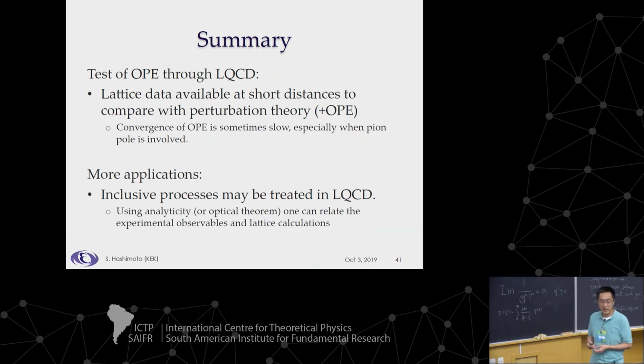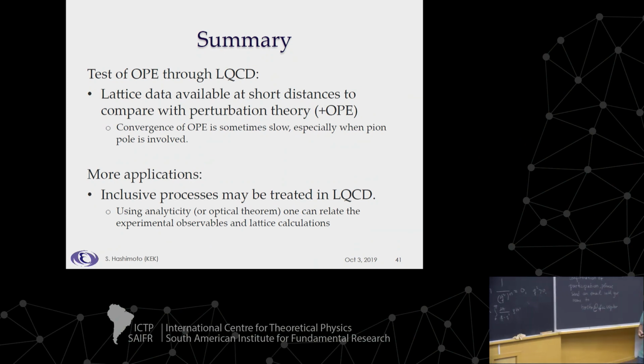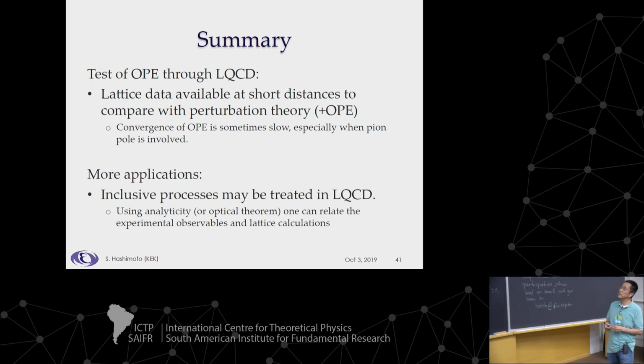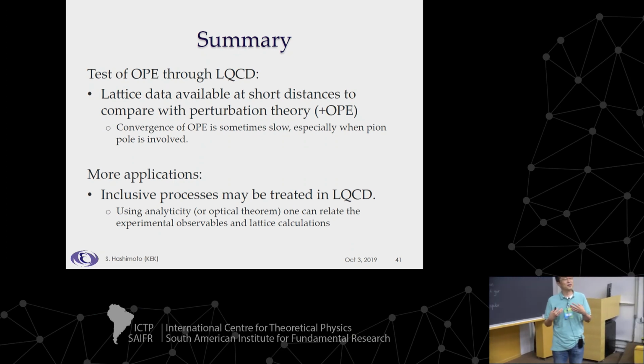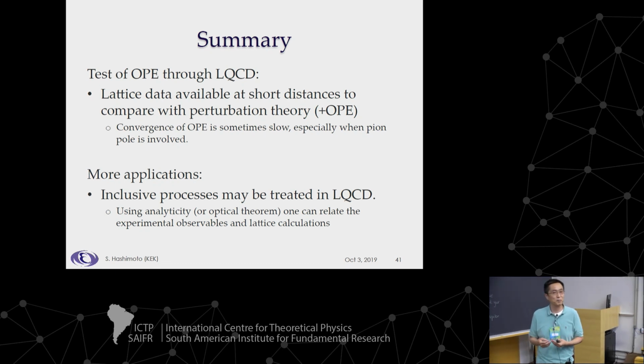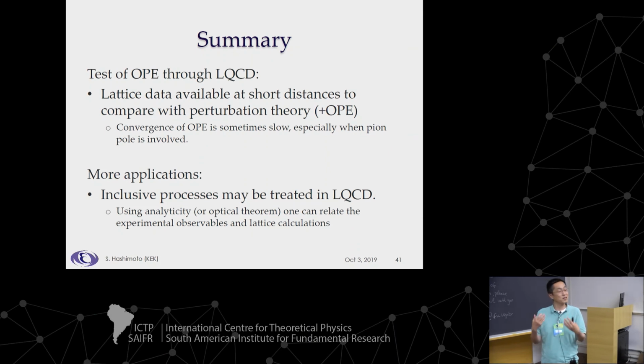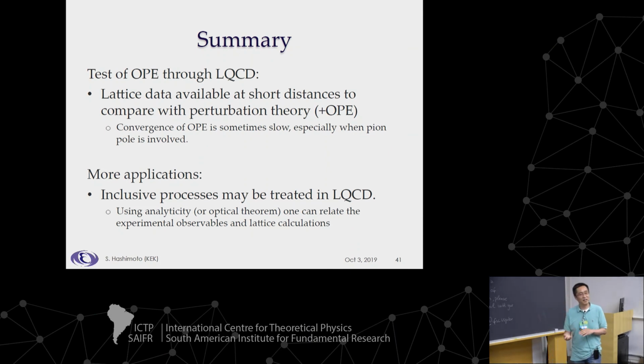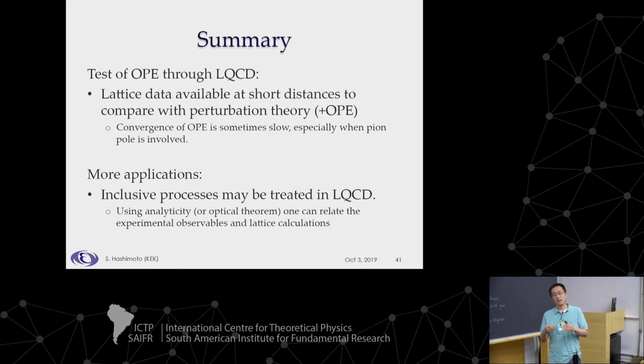We can test the operator product expansion using lattice QCD. Once the lattice QCD calculation is available, you might think that there's no use for the operator product expansion anymore. We have the non-perturbative calculation, but it's always nice to have analytical control or a qualitative understanding of the behavior of the quantity.